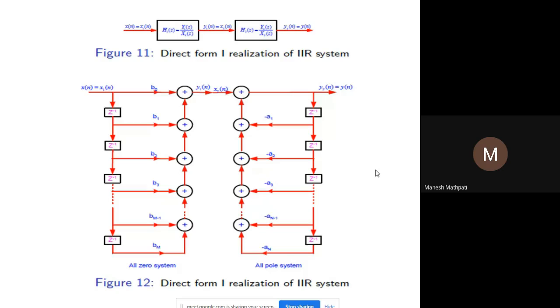So here, if you are looking at the direct form 1 realization of IIR system diagram, the first block is for h1 of z, which equals y1 of z divided by x1 of z. h2 of z equals y2 of z divided by x2 of z. Are you getting this part?